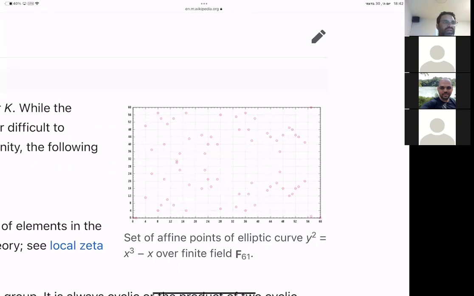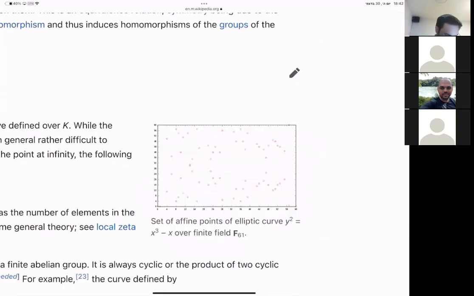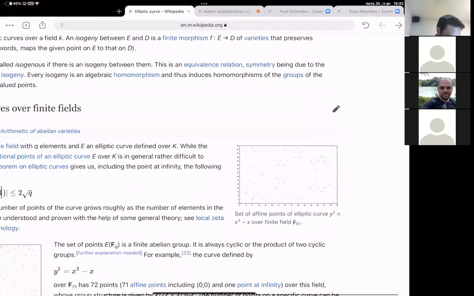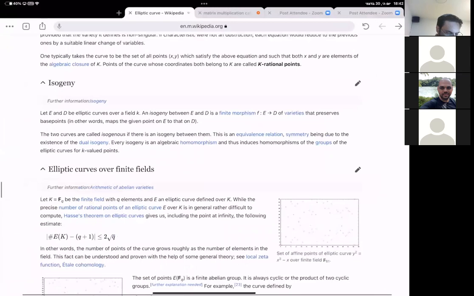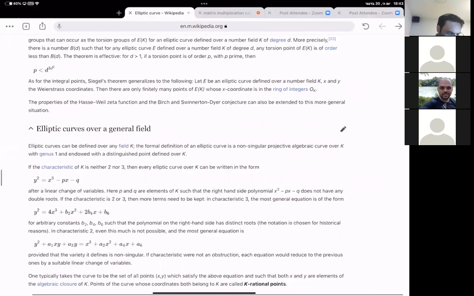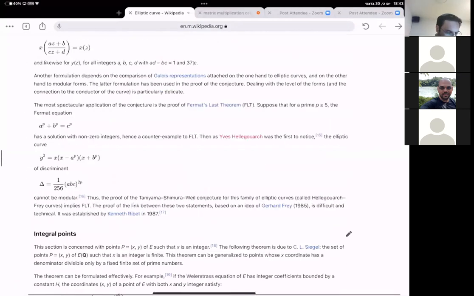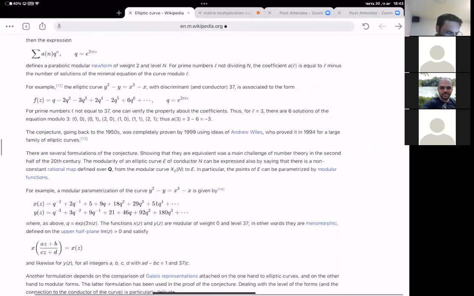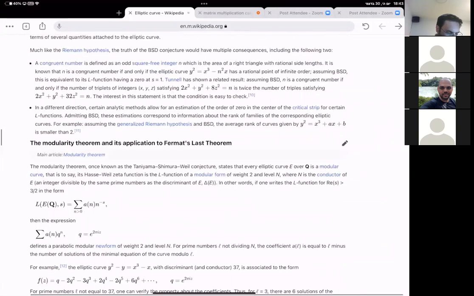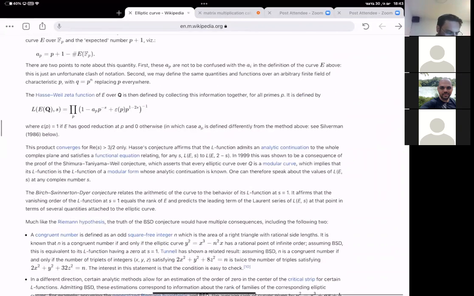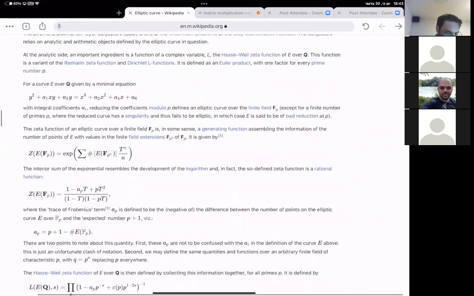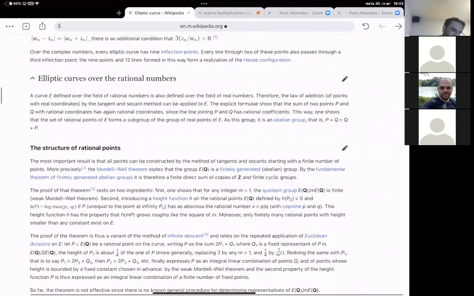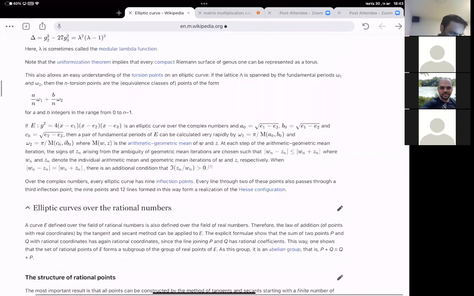You know P, then you know 2P, and then 3P, etc. So next time we will see how to compute the coordinates of these points. Once we add P to Q, how do we compute the coordinates of R, their sum? You just have to take the line and compute these coordinates.